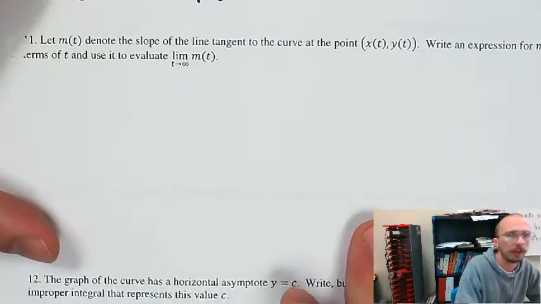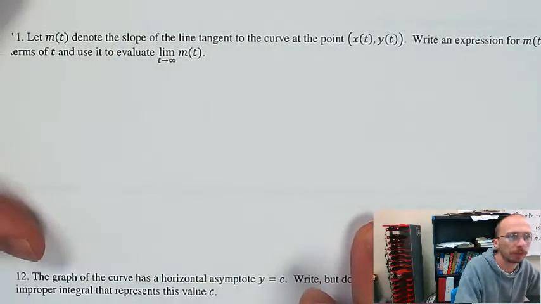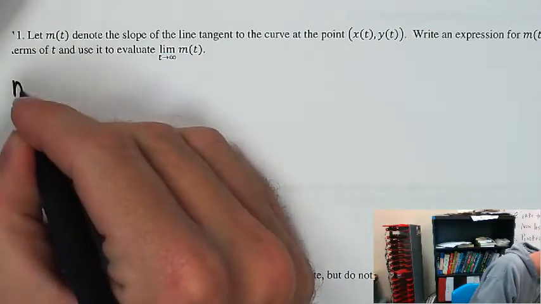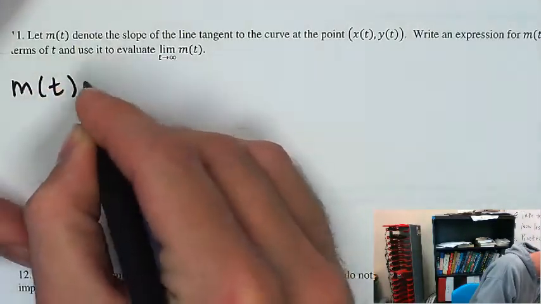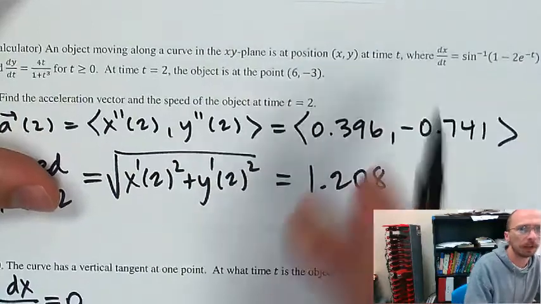Okay. Let m of t denote the slope of the line tangent to the curve. Write an expression for m of t in terms of t and use it to evaluate. Very similar to the problem we just worked. So m of t is dy dx. Oh, I get why I didn't say that. So it's dy dt over dx dt.